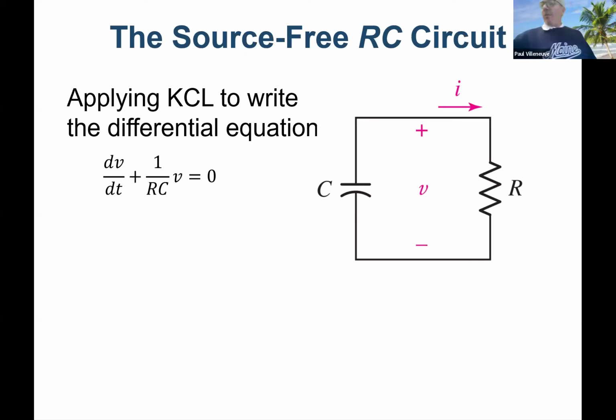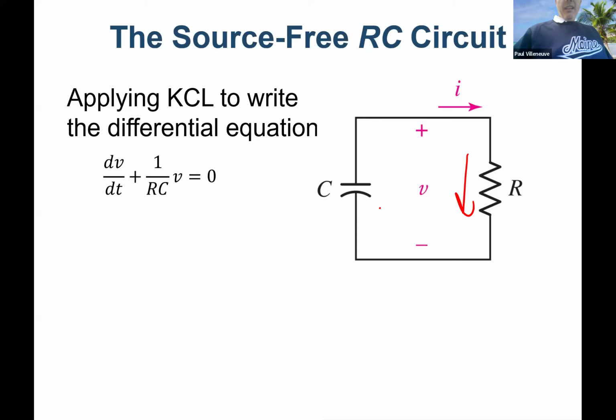Now we're pros at writing KVL and doing loop equations. So what we see here is we're just going to write a KVL loop equation across this. Actually, not going to do a loop equation. We're going to do a nodal analysis equation to make things a little bit easier.